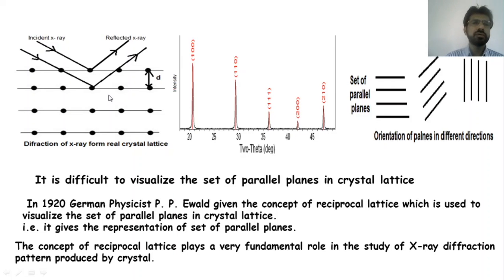Bragg observed that from this X-ray diffraction he plotted the graph of intensity versus theta, and this X-ray diffractogram gives the information about the orientation of the plane and also the interplanar distance between the planes. From this X-ray diffractogram we can also determine the lattice constants.